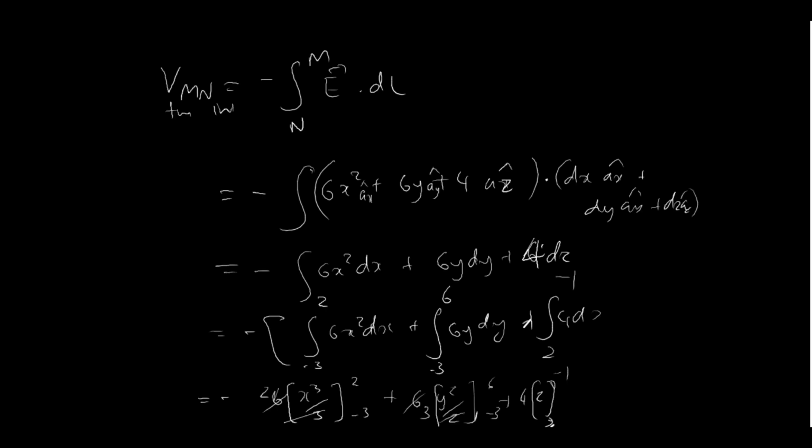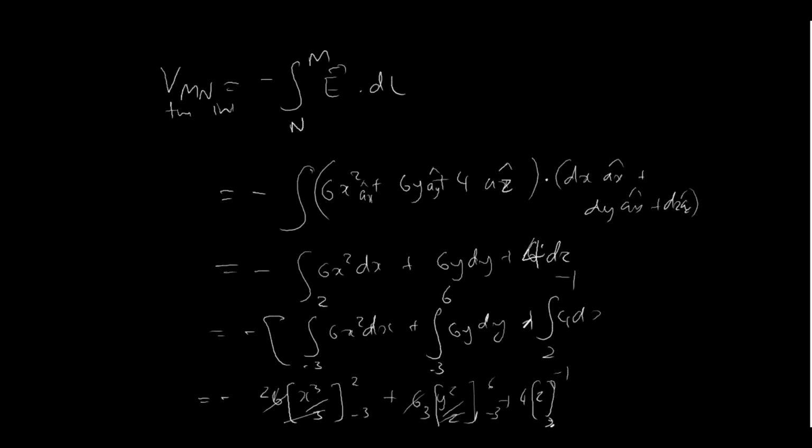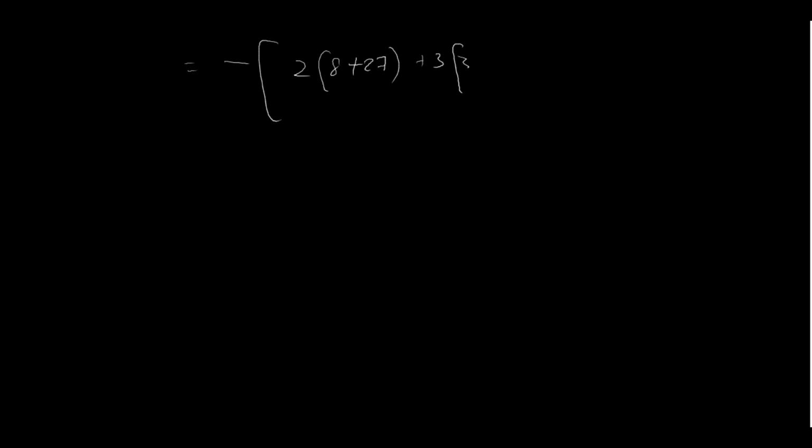So that will be minus into 2 into x cube, so 2 cube will be 8, minus 3 cube, that is minus 27, so it will become plus 27, plus 3 into upper limit 6 square, that is 36, lower limit minus 3 square, that will be 9, plus 4 into minus 1 minus 2, right?